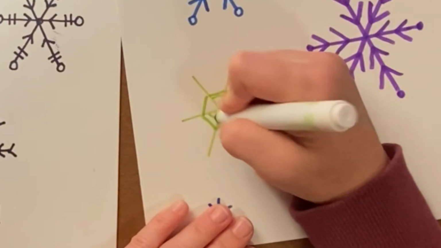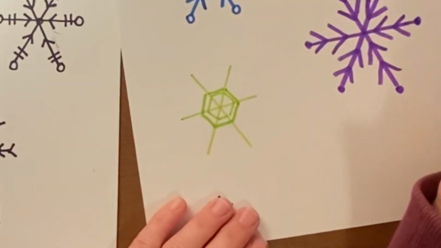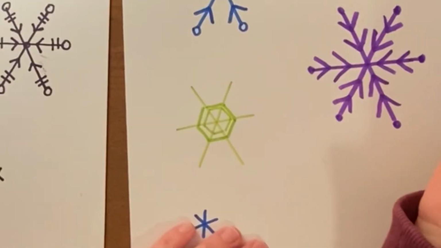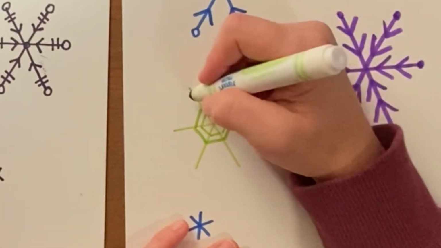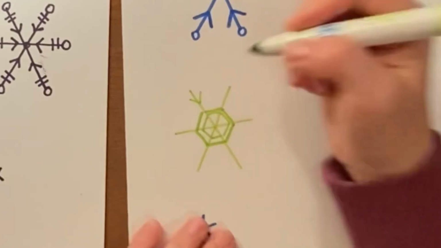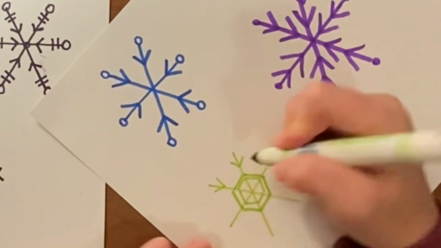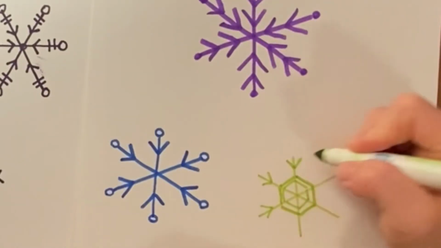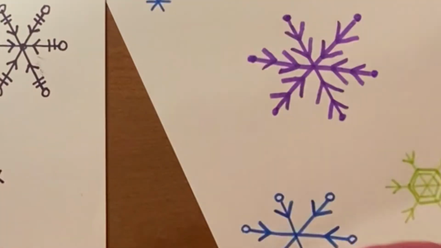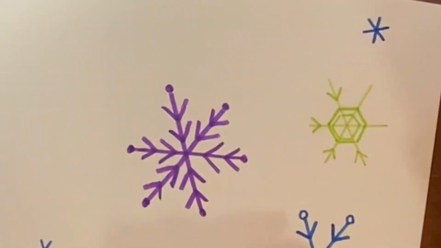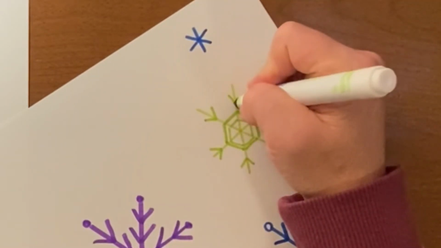I'm going to do the same thing on the inside of it, to make a smaller hexagon. And then I'll add some more little V's to each branch, and then a dot to the ends of those.